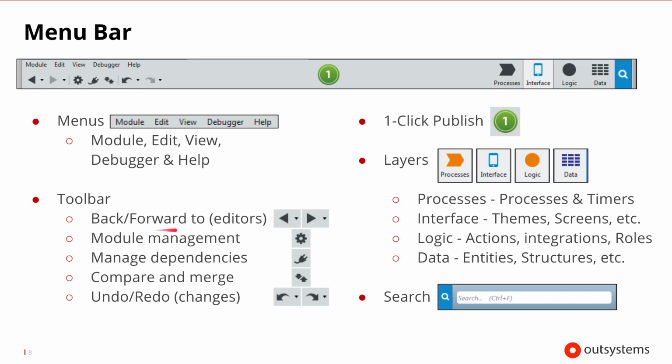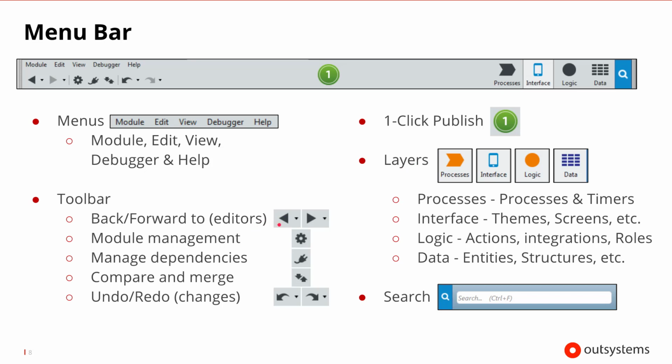So here we can have a back and forward set of arrows. These arrows jump back and forth in between the open editors. So if we had been working on a piece of data in one of the aggregate editors, and then we opened up a user interface element, and the user interface element's editor was open at the moment, by clicking the back button, we would immediately jump to the data editor.